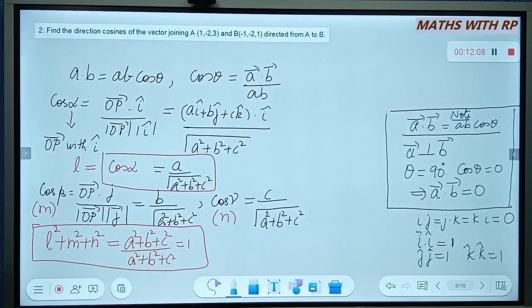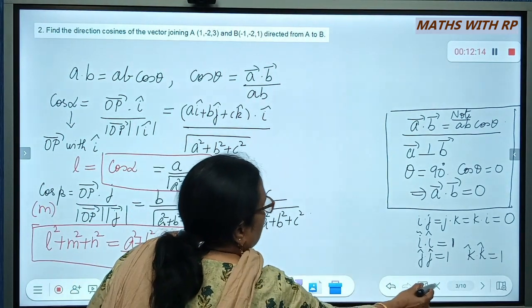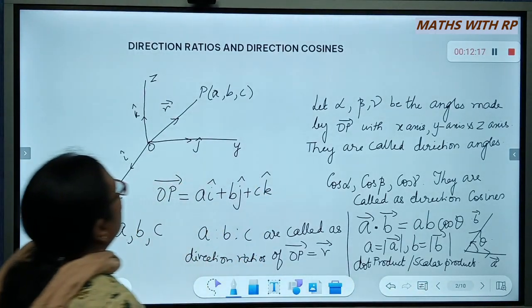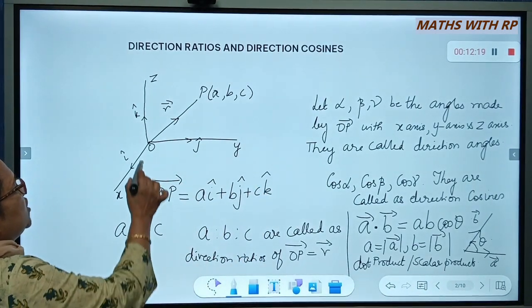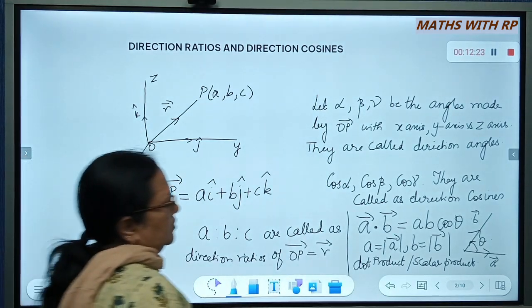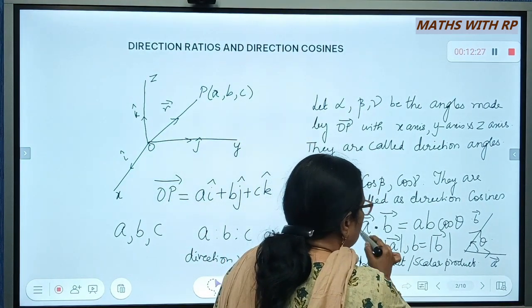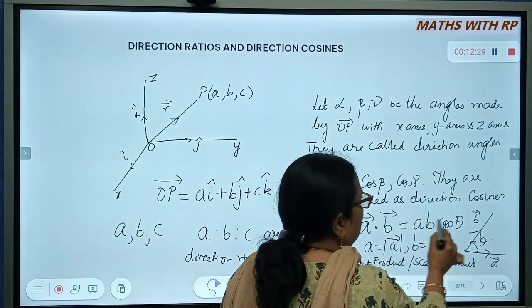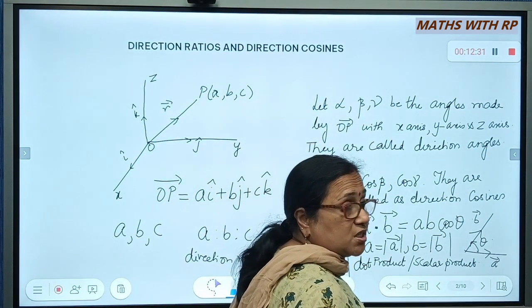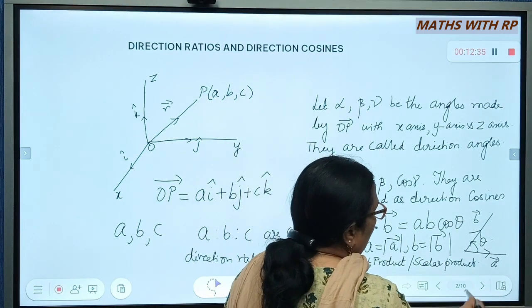Direction cosines are the cosines of the angles made by OP vector with the directions of i, j and k. For an angle between any two vectors, from the definition of A dot B, which is AB cos theta, you can find cos theta as A dot B by AB. So you can find the angle between any two vectors.